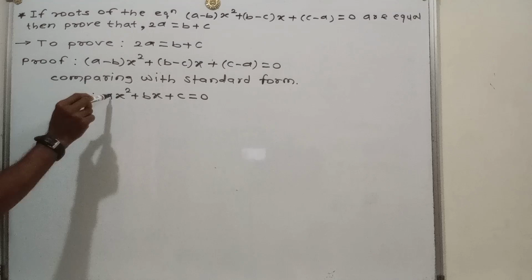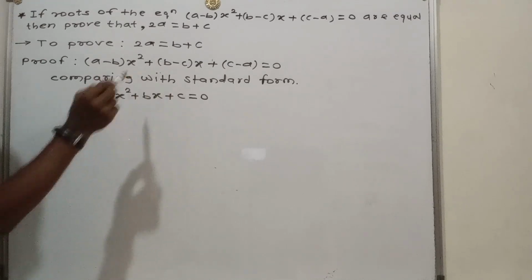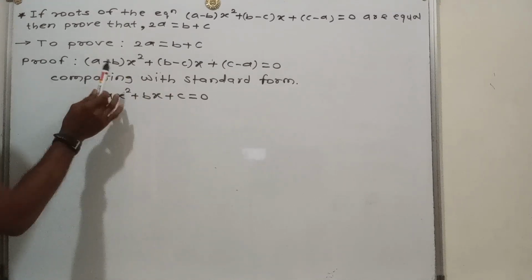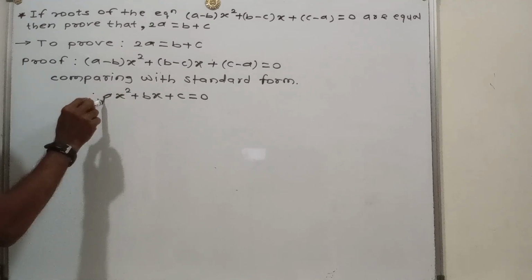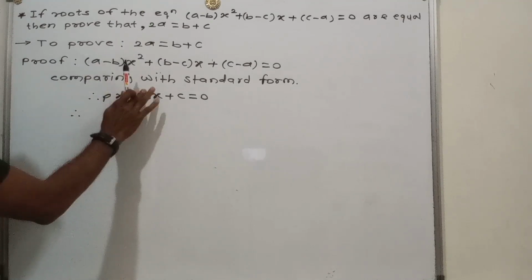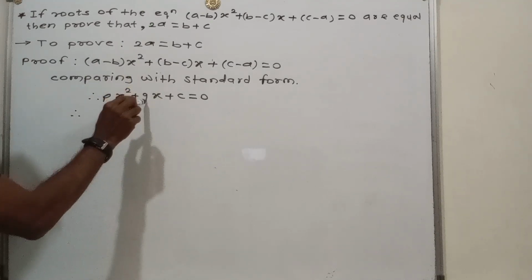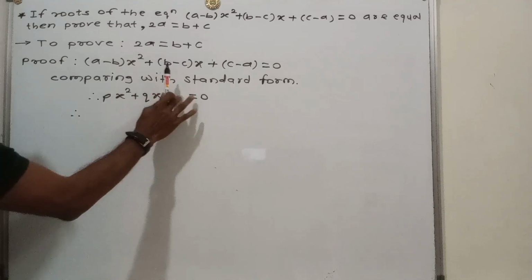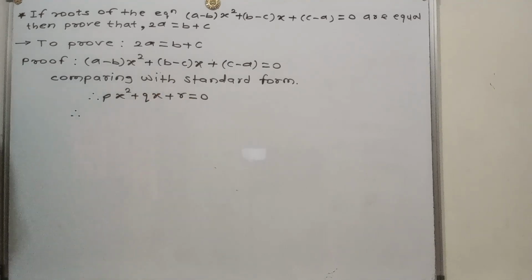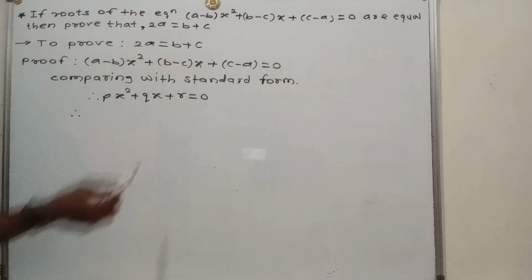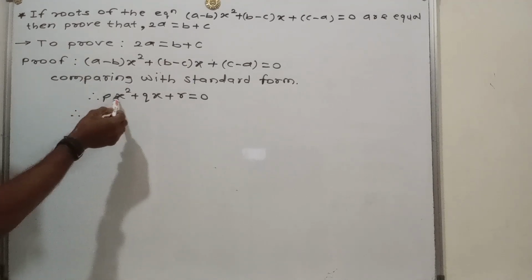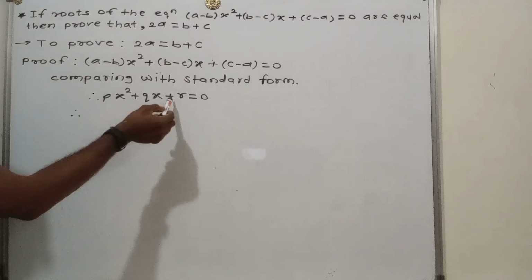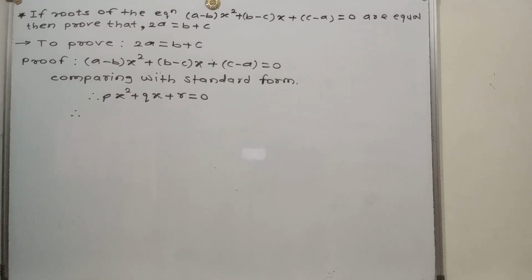Actually, instead of this a, b and c, I will write p, q and r here, because here we already have a, b, c. So we write px² + qx + r = 0.